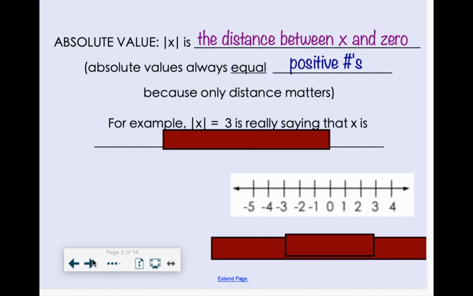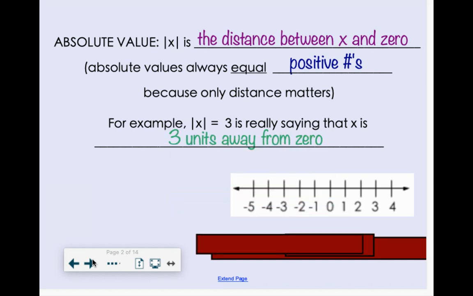Okay? For example, if you took the absolute value of x and set it equal to 3, this is really just trying to say that x is 3 units away from 0. Well, there's two ways that you can do that. If you start at 0, you can either go 1, 2, 3, there's one of your solutions, or you can go 1, 2, 3, there's one of your solutions.